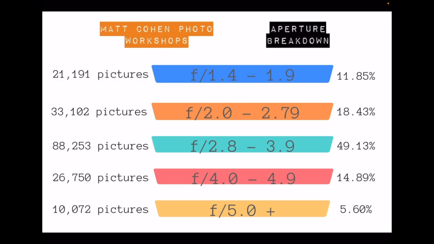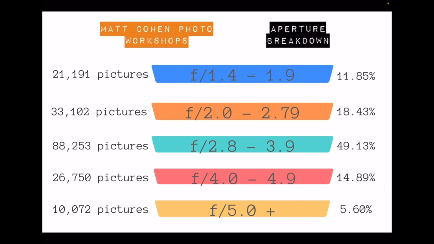In preparation for this video, I went through my entire rodeo archive, right? It's like 180,000 total pictures that I've kept. And this is what it looks like if you look at them by aperture. From f1.4 to 1.9, that's 11.85%. So almost 12% of my pictures have been taken wider than f2.